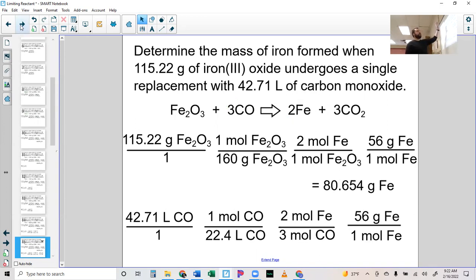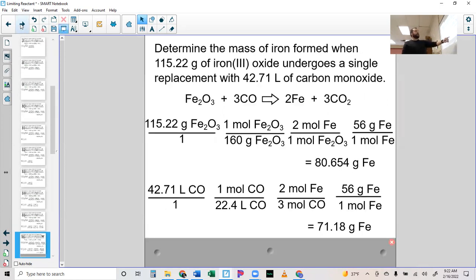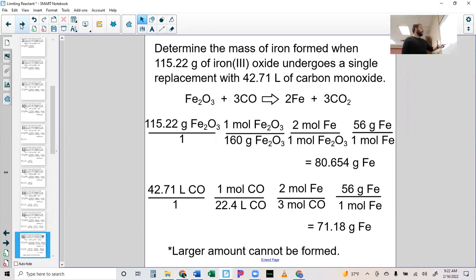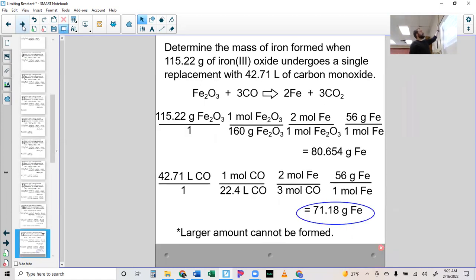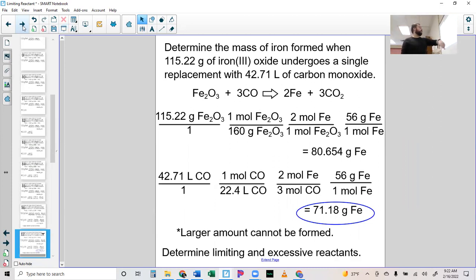And then we're going to use its molar mass to see how many grams were made. With this, we get 71.18 grams of iron being made, but we have to determine which one can be formed. So always remember, the larger amount cannot be formed. The limiting reagent is the one that forms less. So the mass of iron formed is going to be 71.18 grams of iron formed.